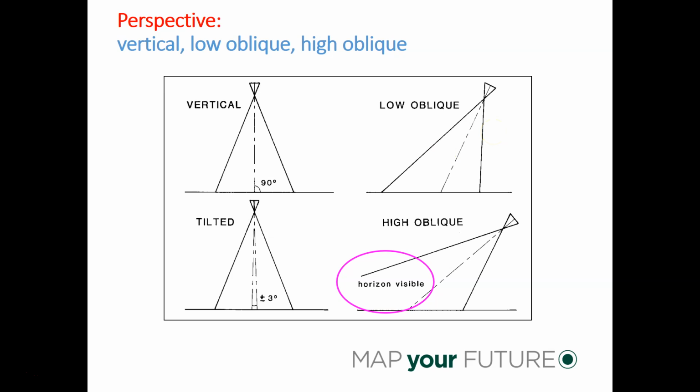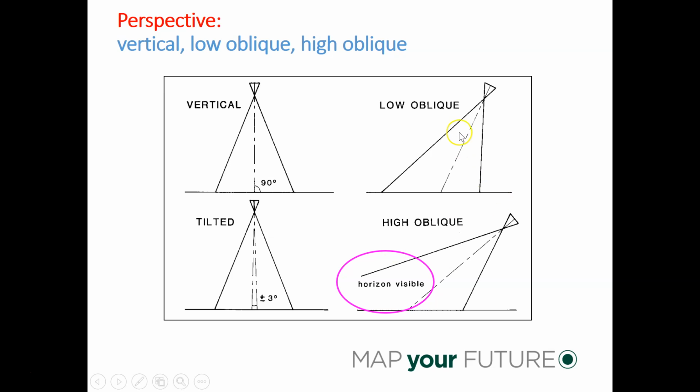That's called perspective. So we have different perspectives of collecting aerial photographs. The vertical is the one that we really strive for, but usually we end up with a tilted photo. That's a photo where we are a little bit off from the vertical view.